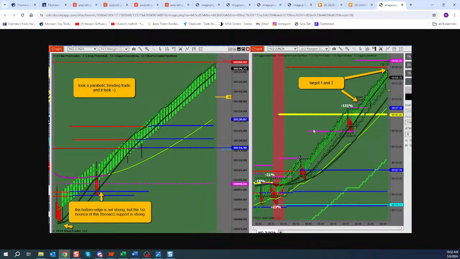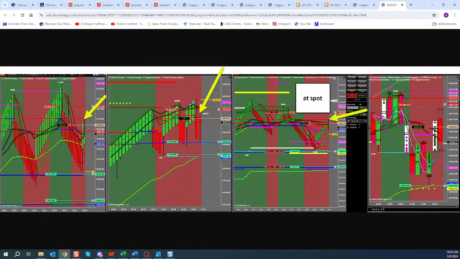But I'm telling you, 1-to-1s with divergence are an outstanding place for a deeper pullback. 1-to-1s with divergence are an incredible opportunity for that market to retrace a little more than it did. So letting it do its thing and heading back in the direction tends to pay dividends when you get a trade that looks like this. Trading from the areas rather than into the areas. But taking the advantage of the strong trend, it paid dividends.